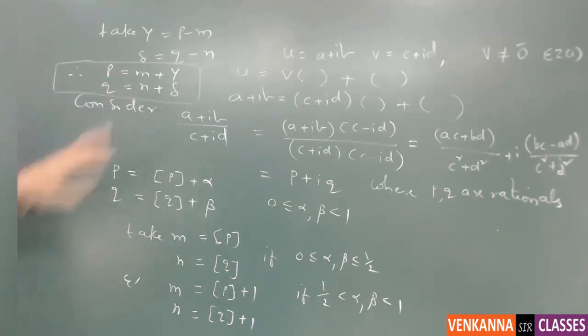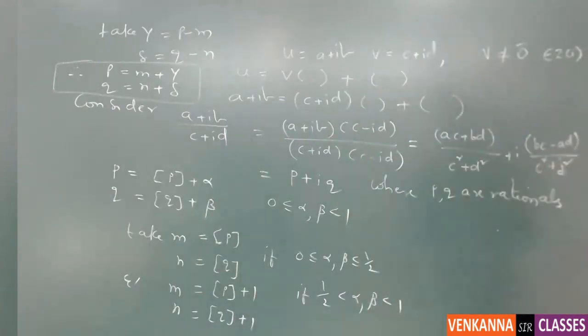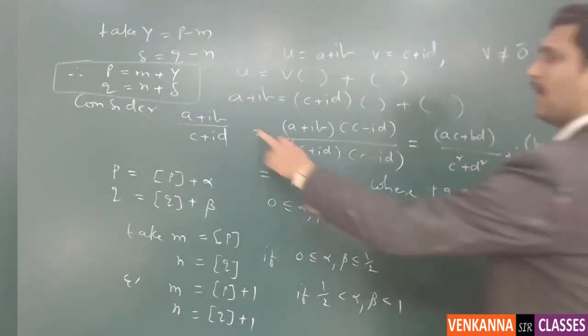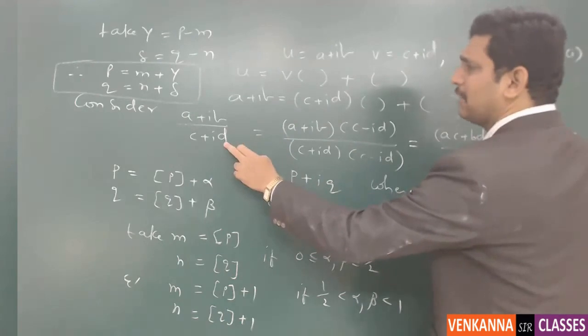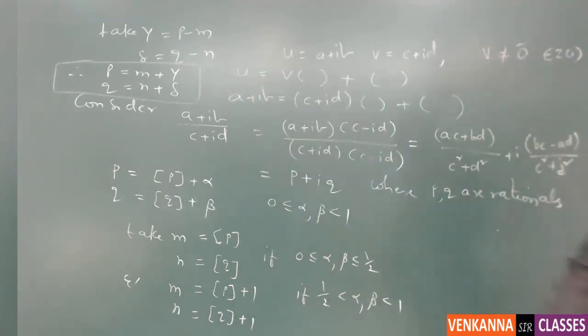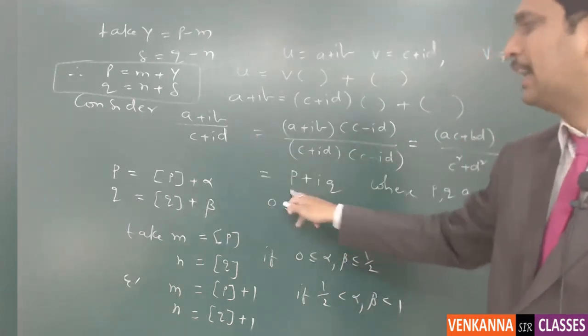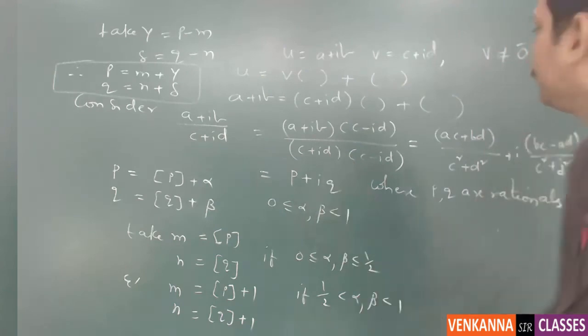So far, we have considered (a + ib) by (c + id), that is, u by v. The value of u by v is equal to p plus iq, that you have taken.